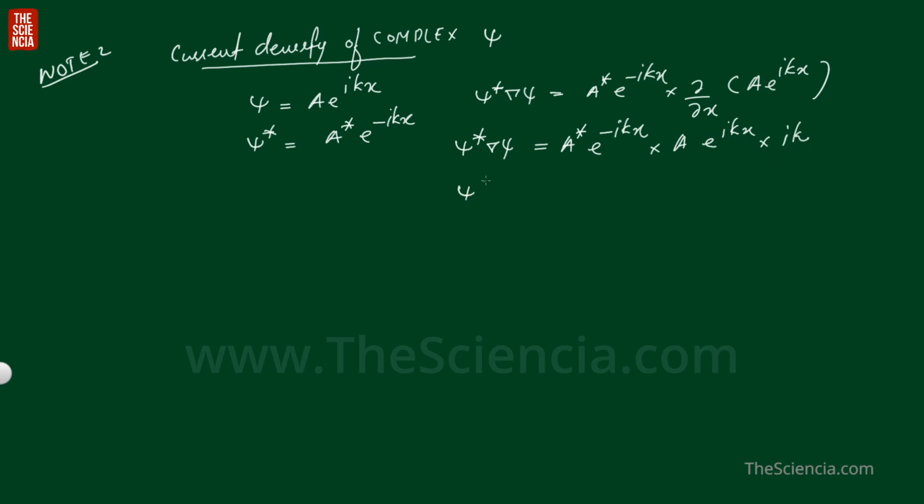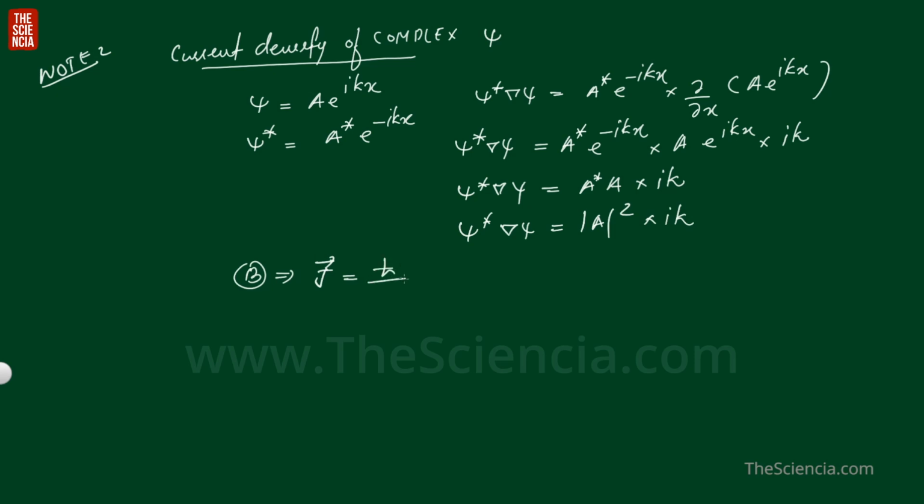So we get psi star del psi is equal to a star a, that is mod a square, into ik.